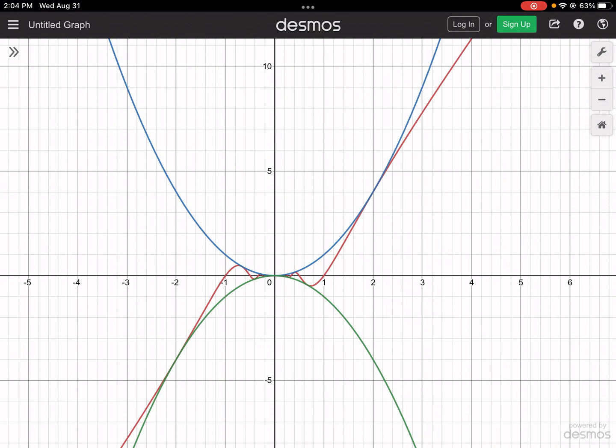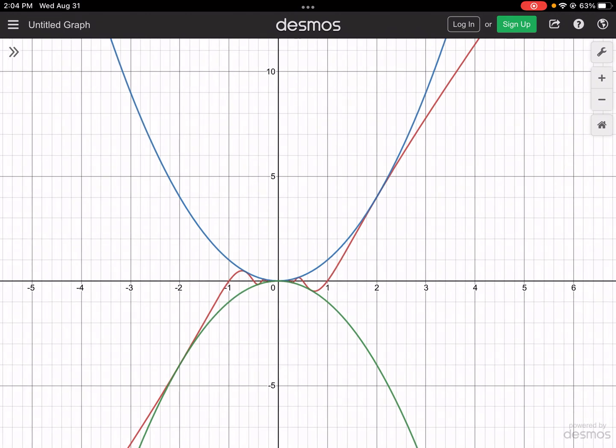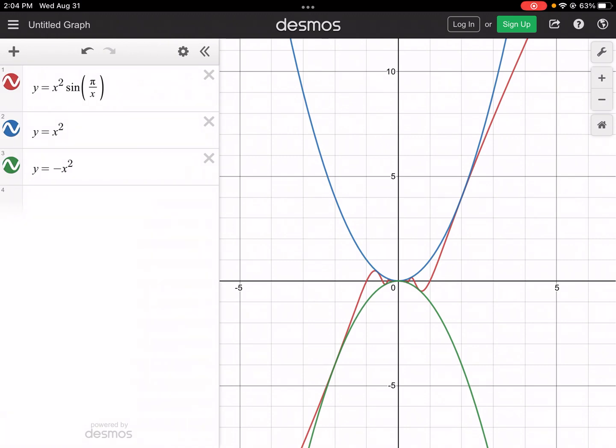We could consider our h of x as y equals x squared, and our f of x as y equals -x squared. They sandwich in the function we care about, y equals x squared sine of pi over x, our g of x.